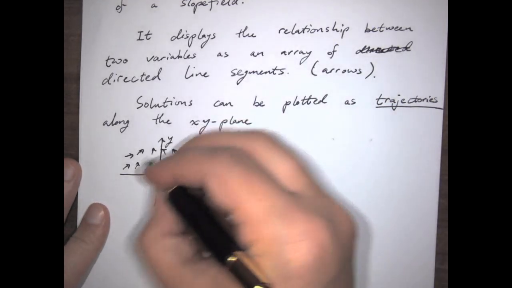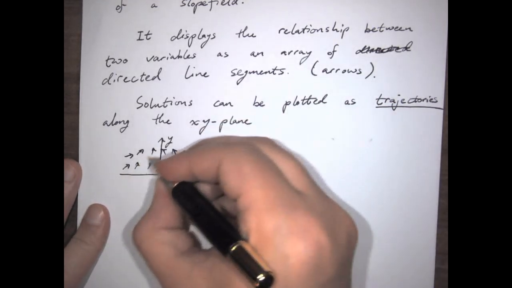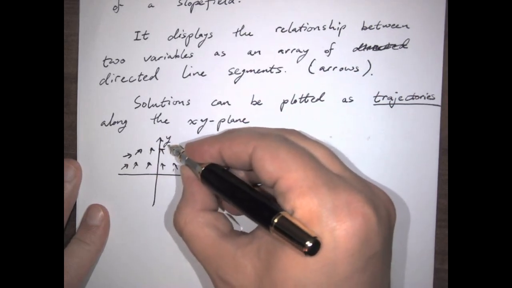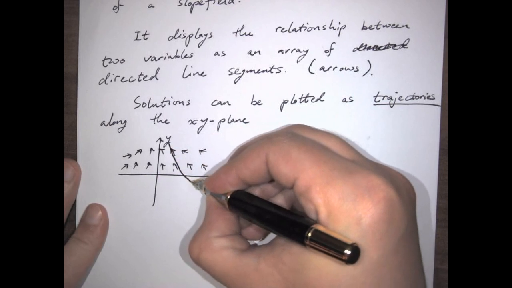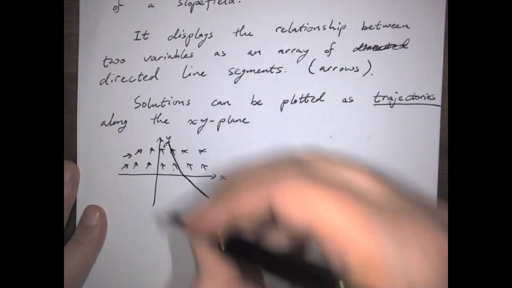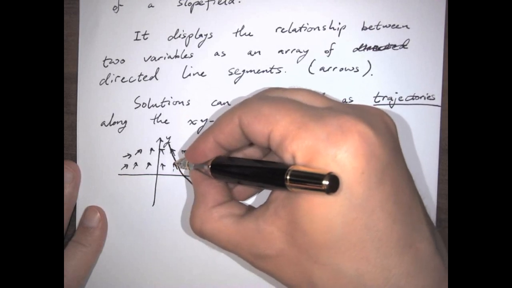And then trajectories will be looking something like this, where it's just a pathway that is going through the plane in the direction indicated by the arrows.